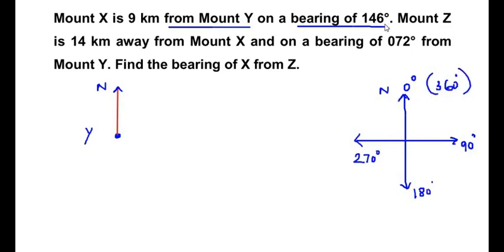So 146 degrees comes in between 90 and 180 degrees, as we can see here. So let us draw a line over here. 146 degrees is approximately here. So similarly we are going to draw a line here. So that's going to be 146 degrees.